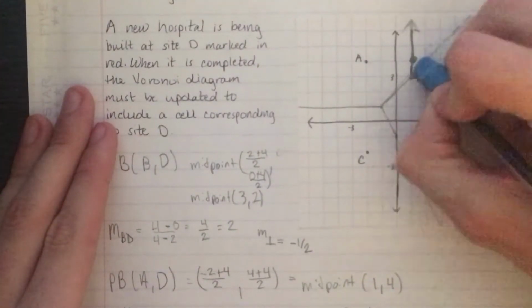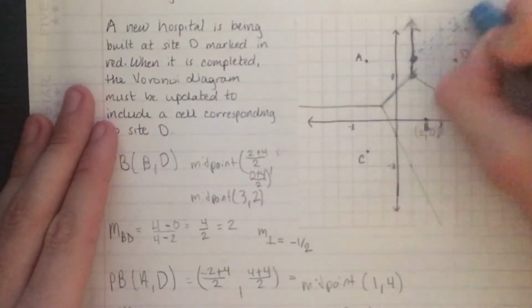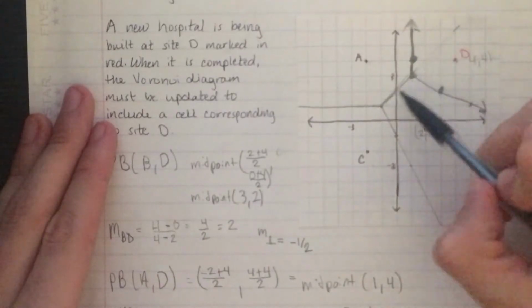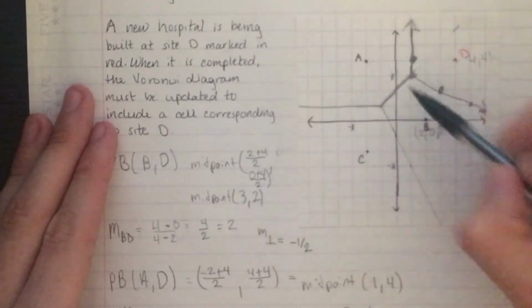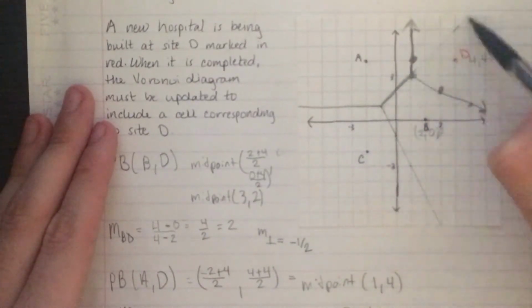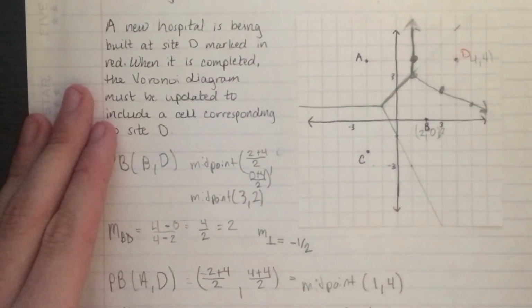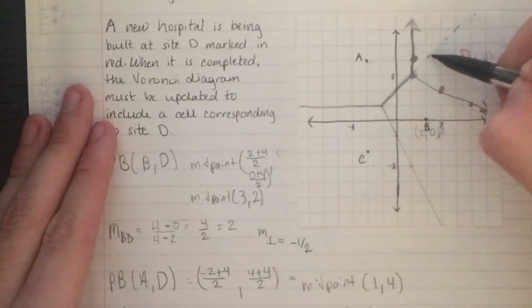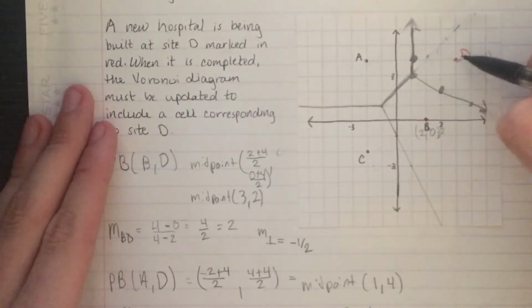This is why I told you to bring erasers, because we're revising that Voronoi diagram. So we no longer need the AB perpendicular bisector once it starts getting into the areas of the other one. Because if I picked a point here, it's not going to be closer to A, it's going to be closer to D, because we just built that new hospital there.